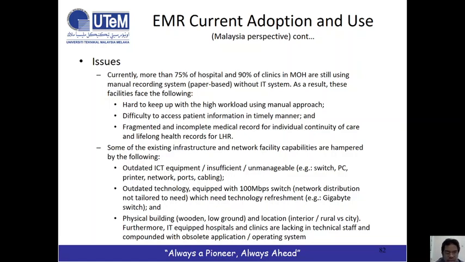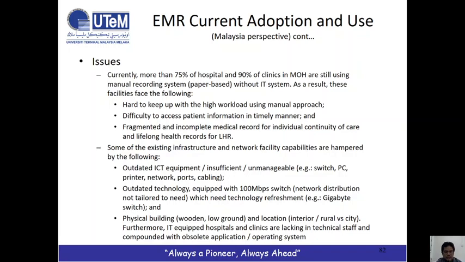Some of the existing infrastructure and network facility capabilities are hampered by outdated ICT equipment. Some of the hospitals are very old, especially the health centers, with no bandwidth and no internet.